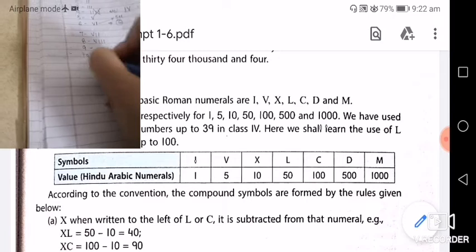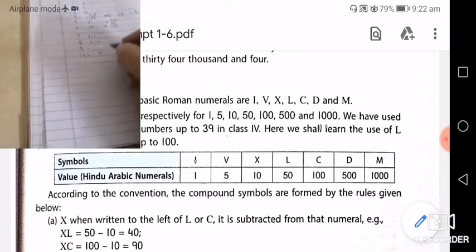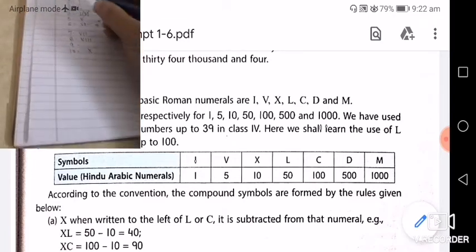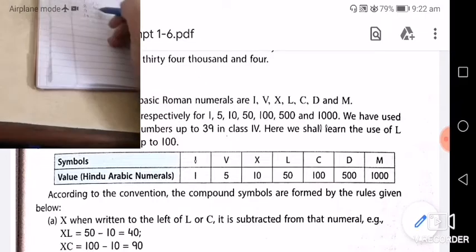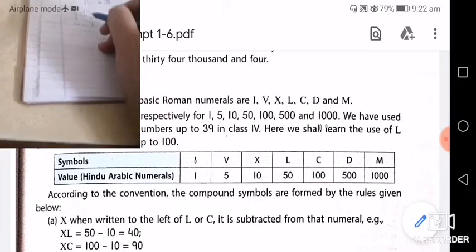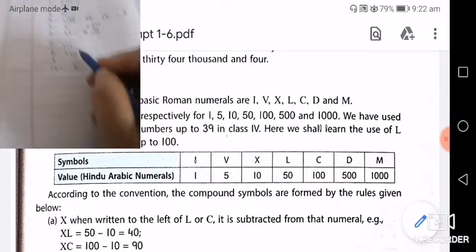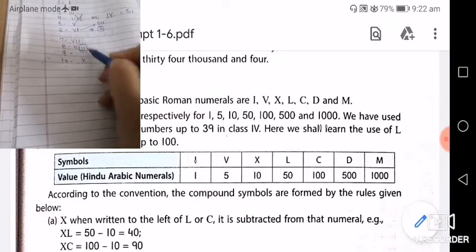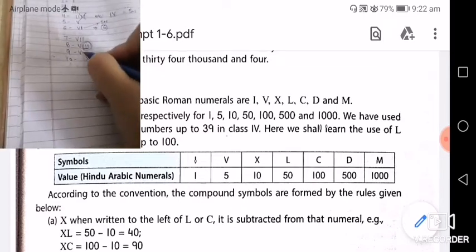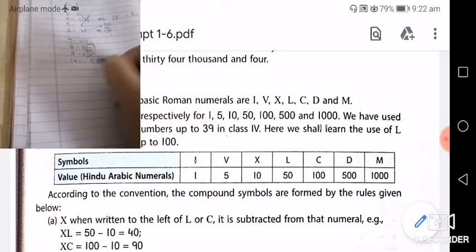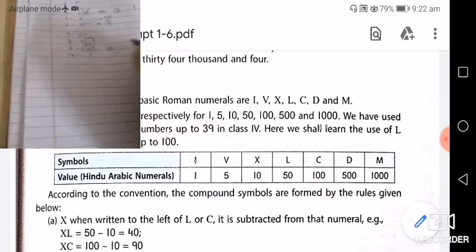Now come to 9. For 10 you all know that is X. How will we write 9? As I told you, I or X cannot be written more than 3 times. So we cannot write it 4 times, like we cannot write it like this. So this will be incorrect. So how will we write it?